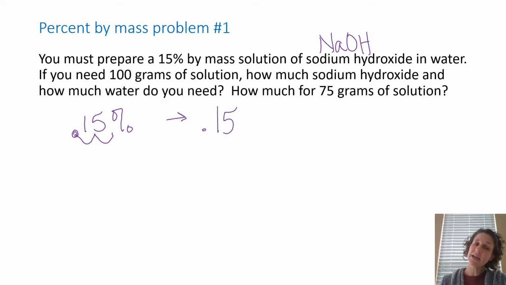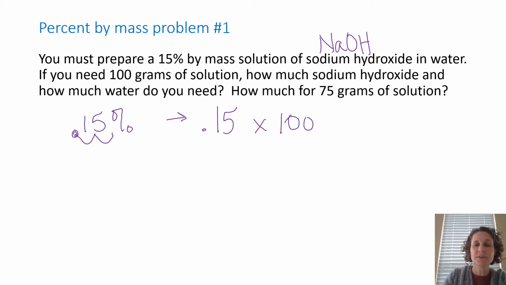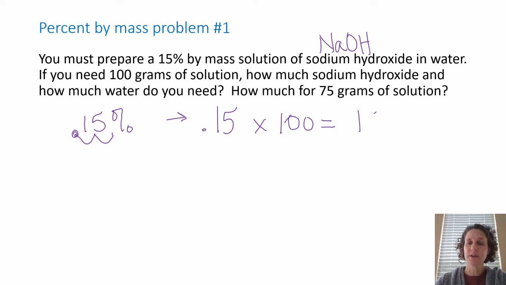And then I'm going to take that 0.15 and multiply it by the total amount. So I want 100 grams of this total, but I want to know that 15% of it is the sodium hydroxide. So 0.15 times 100 gives me 15, and that is going to tell me that I need 15 grams of NaOH.